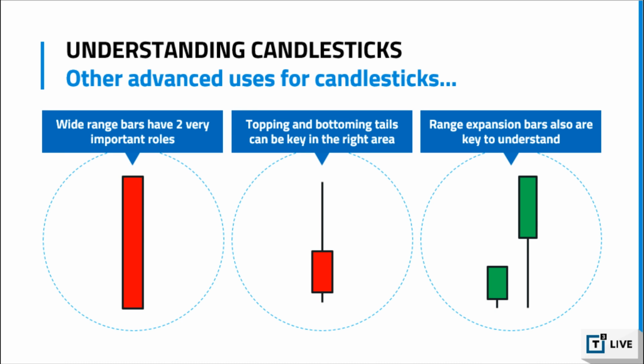We'll also talk about, as I said, wide range bars. We'll talk in more detail about topping tails, bottoming tails, and range expansion bottoming tails, which are the single most bullish bars you can have. Now, what's a range expansion bottoming tail? We'll talk about that hopefully in the next video or two.